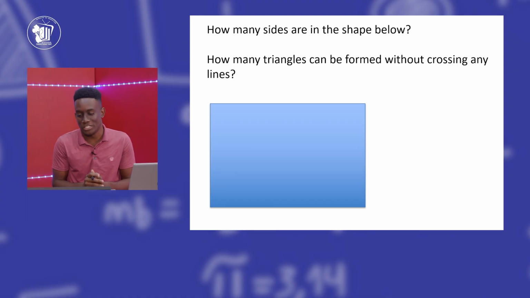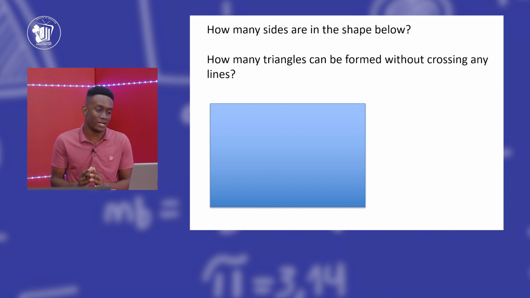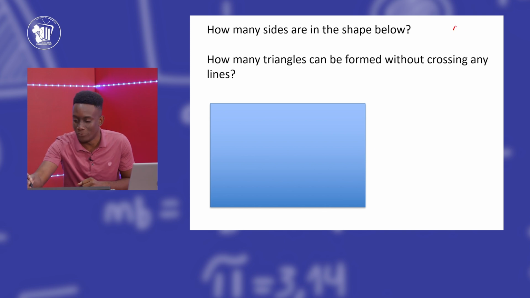Now let's look at another shape and let's answer these two questions. The first one, how many sides are in the shape below? We see that this is a rectangle, and we know in a rectangle we have four sides. So we have 1, 2, 3, 4 sides, so we can say 4.